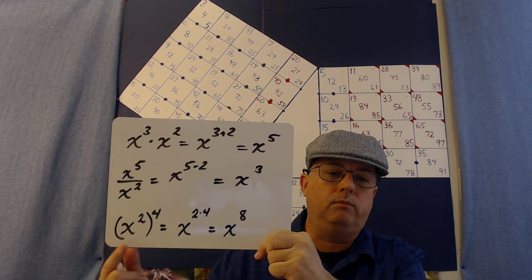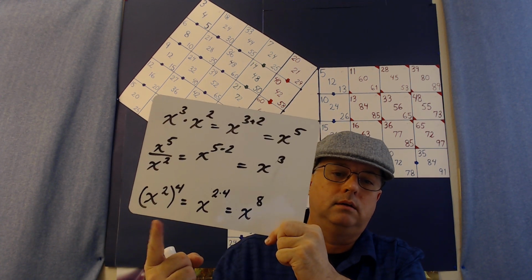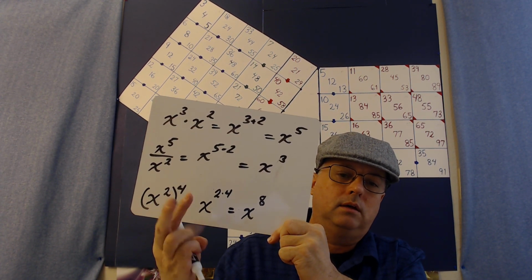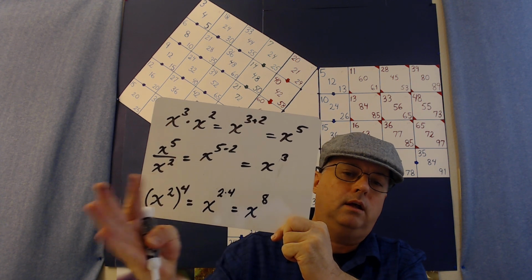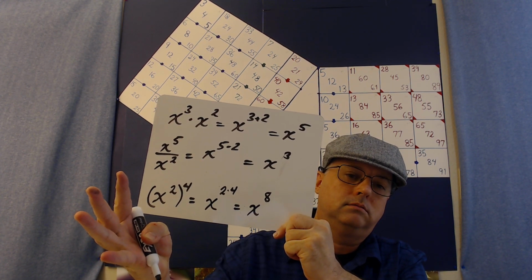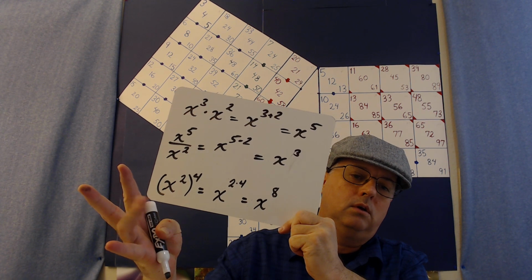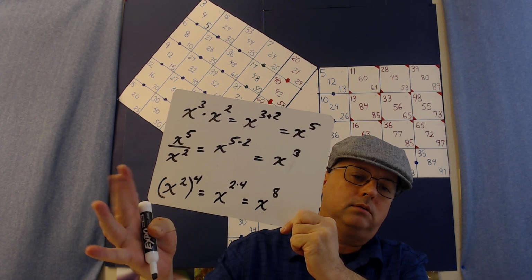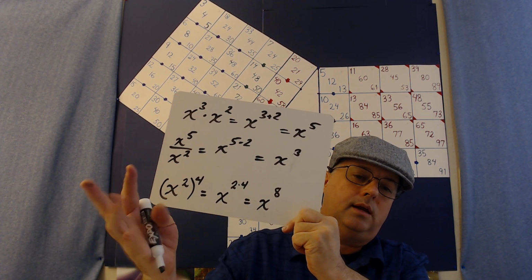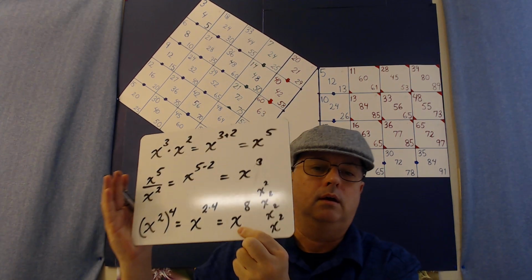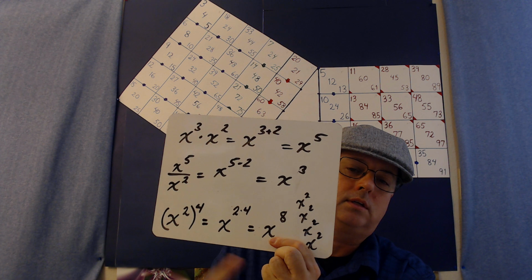You see, this is saying we have x to the second, and another x to the second, and another x to the second, and another x to the second. So 2 x's, 4 x's, 6 x's, 8 x's. 2 x's, 2 more x's, 2 more x's, and 2 more x's. And so that makes 2, 4, 6, 8 x's.